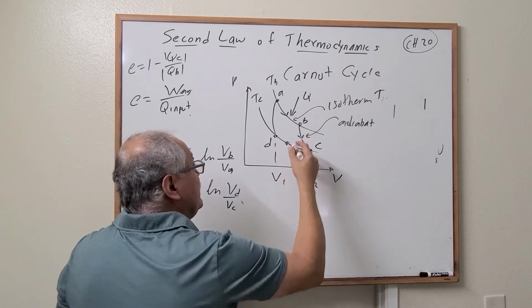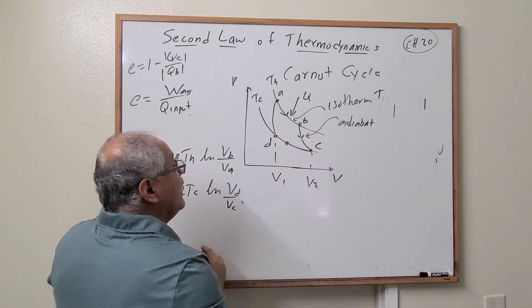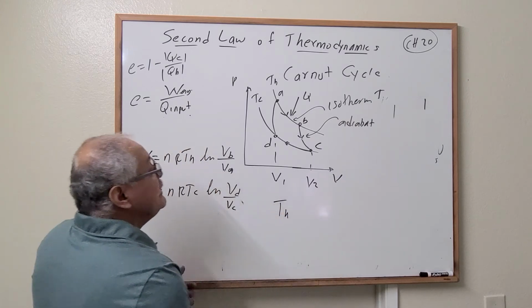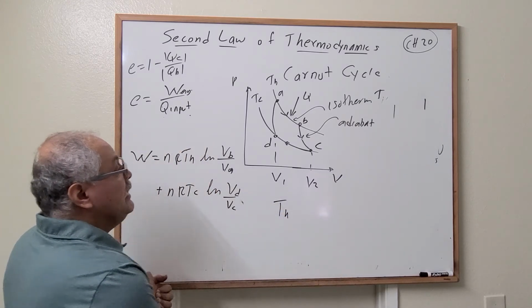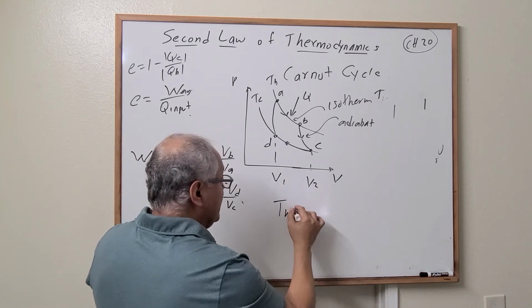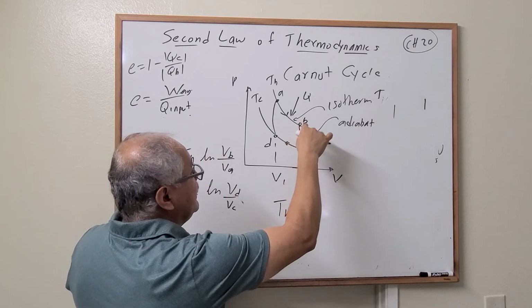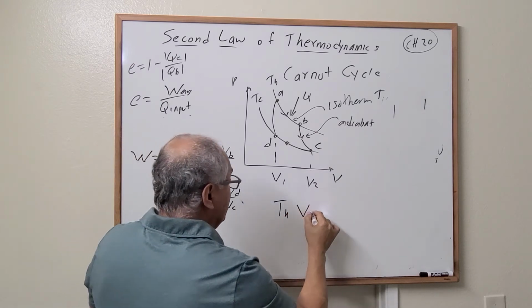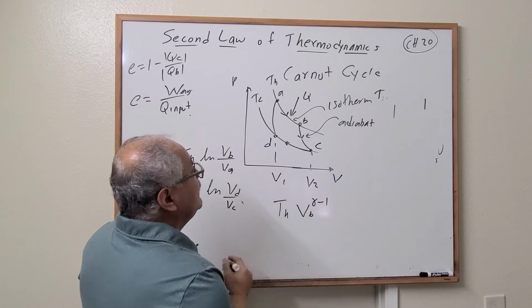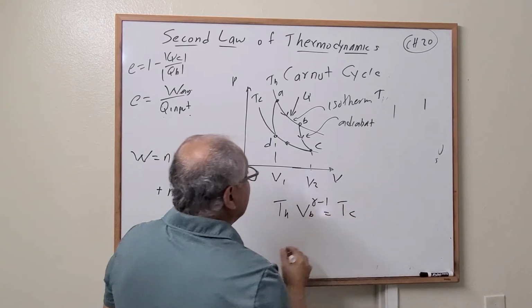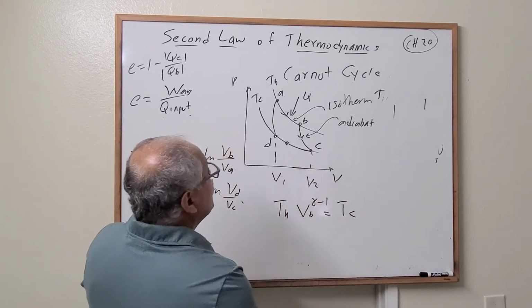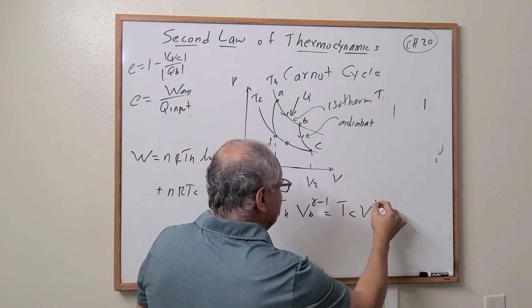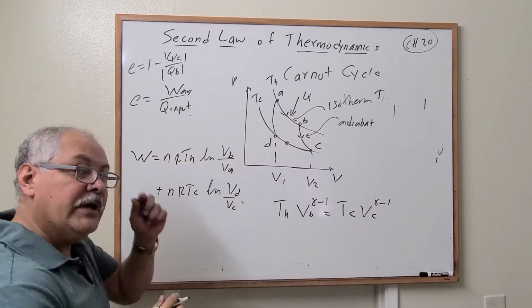What should then be the equation for the adiabat? Th times VB to the gamma minus 1 is equal to Tc times Vc to the gamma minus 1. Okay, perfect.